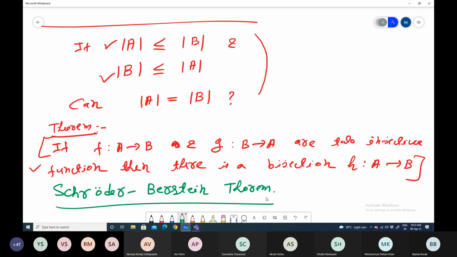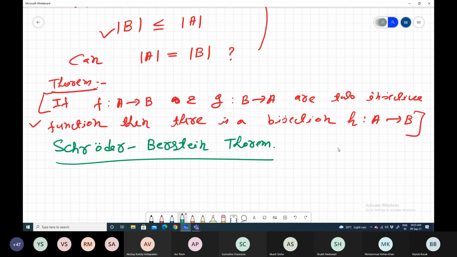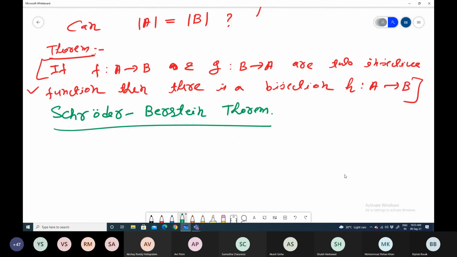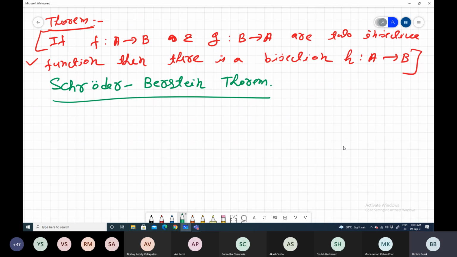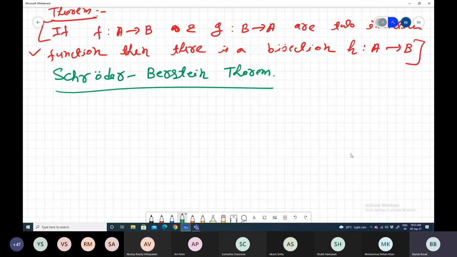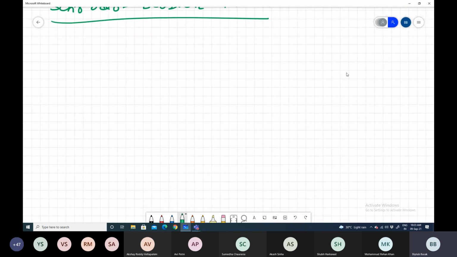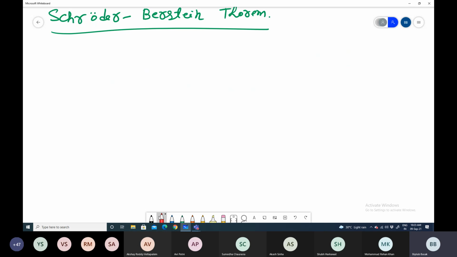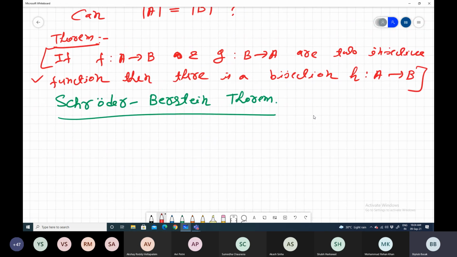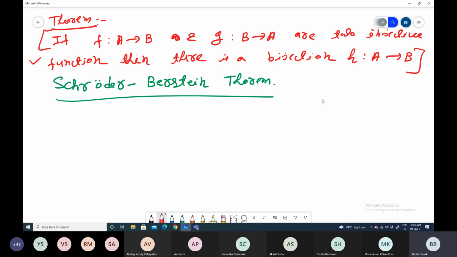Now this proof is very interesting. Anyway, I know that the proof of this theorem will not be in the exam, but you have to understand the proof because there will be many applications.